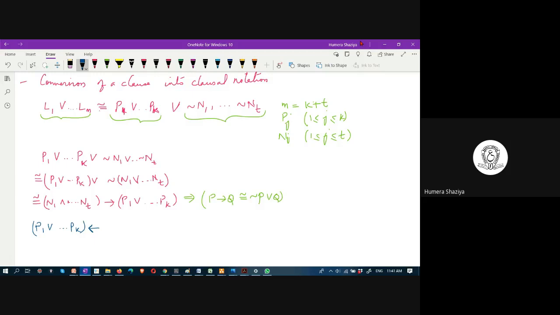Here N implies P is there, no? So this is also like N implies P written in reverse direction.